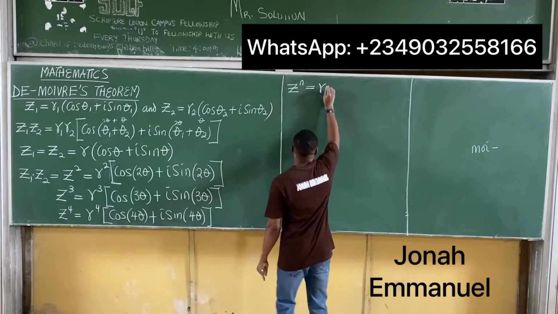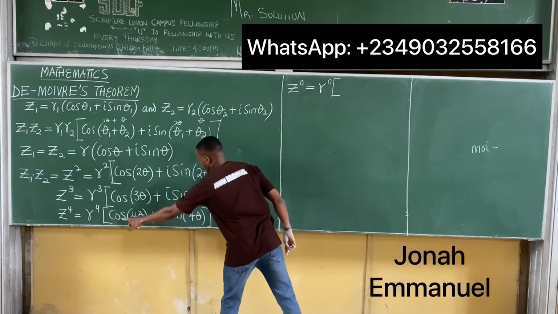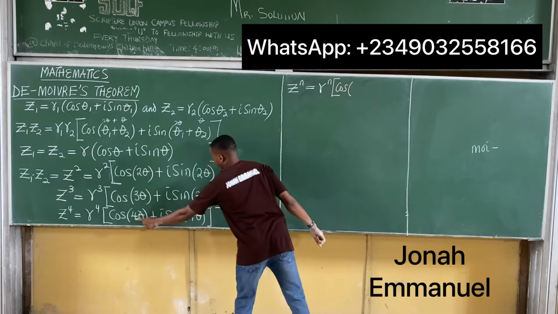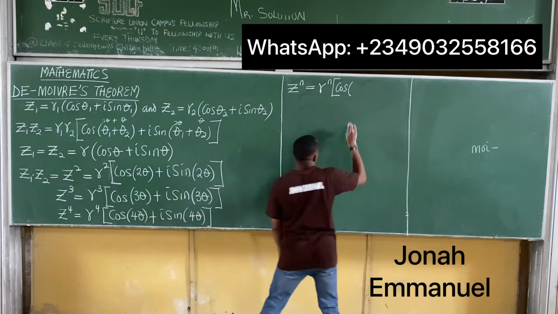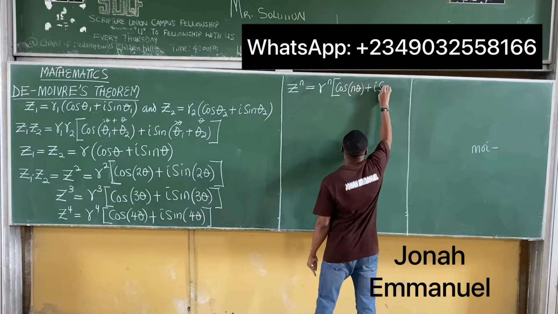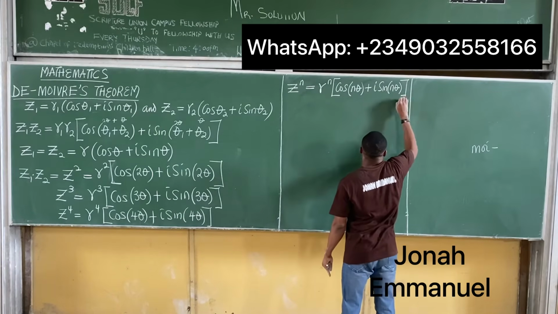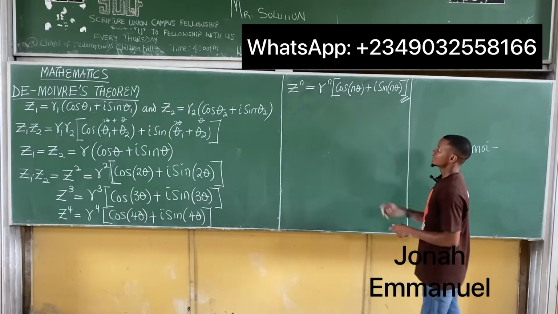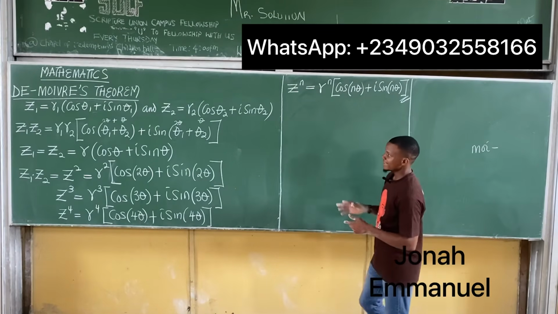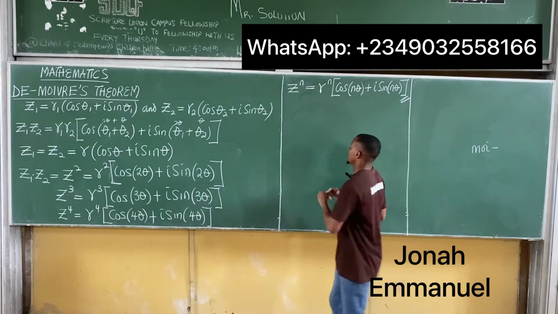So when this is n, cosine is no longer 4 times theta, but n theta, so it becomes n theta plus i sine n theta. This is what is known as De Moivre's theorem. De Moivre's theorem helps us to do large expansions for complex numbers. All right, so this is De Moivre's theorem. This is the expression.